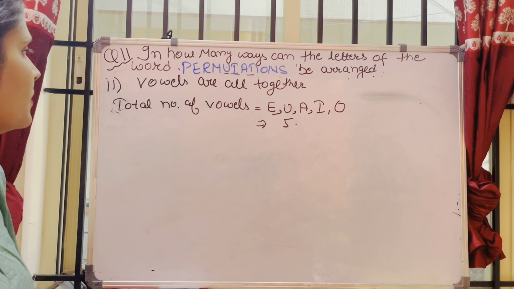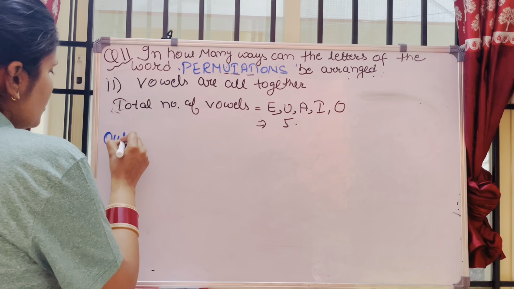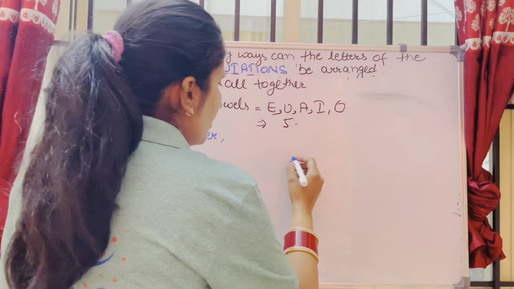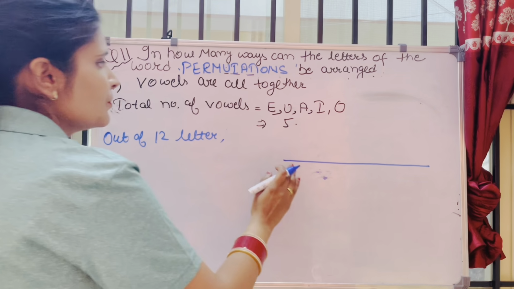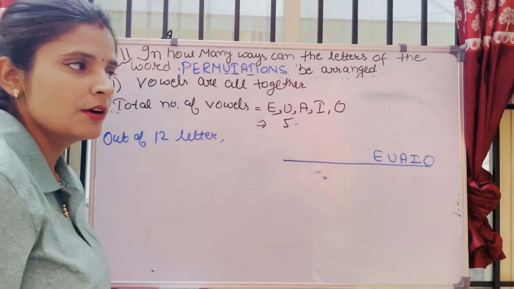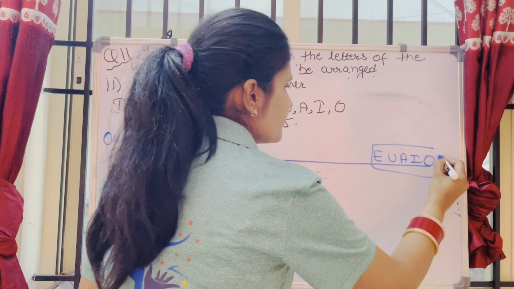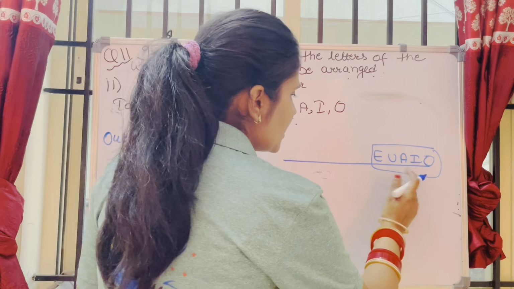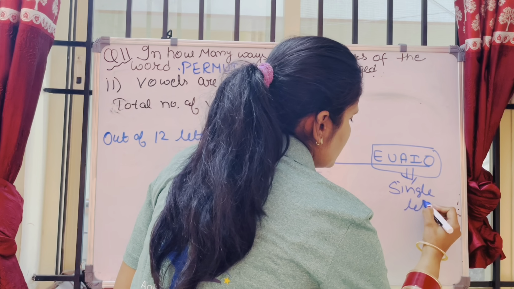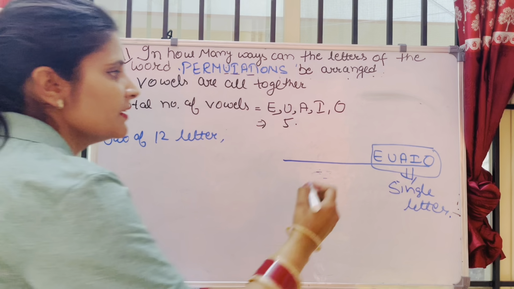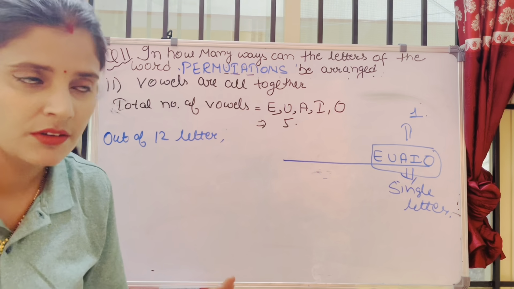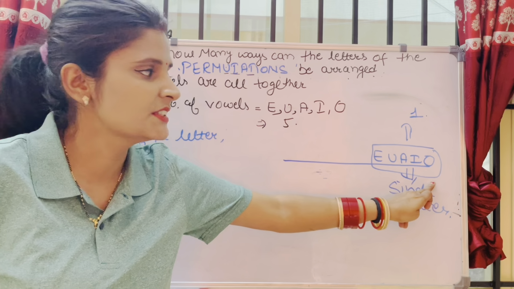So here out of 12 letters, we have total 12 letters. Out of 12 letters, the 5 vowels E, U, A, I, O always come together, right? So we treat these vowels like a single letter. So out of 12, 5 are vowels which are fixed.